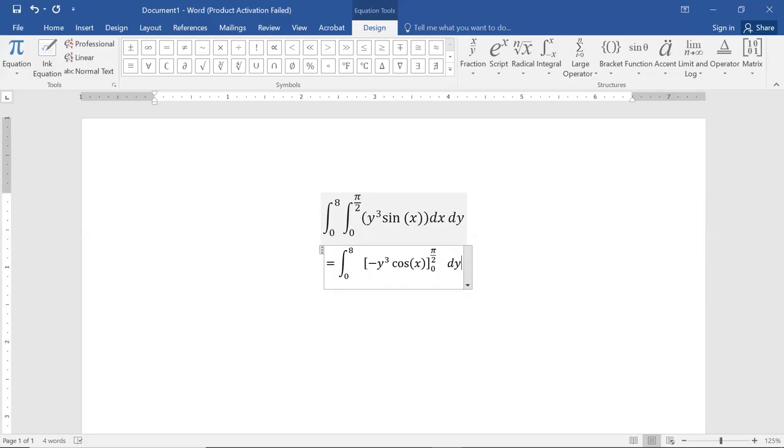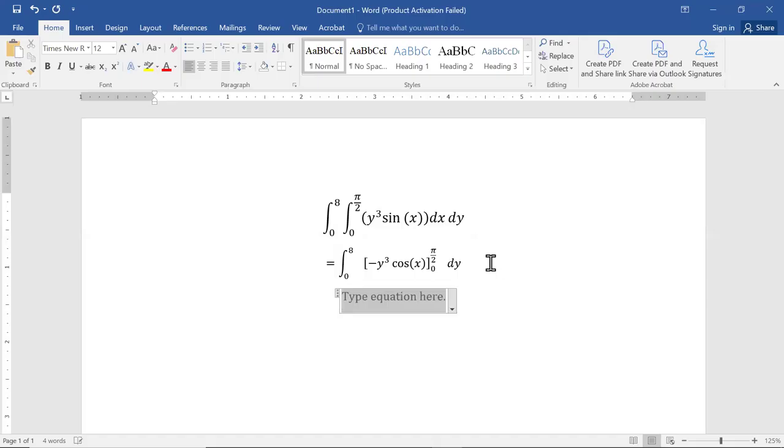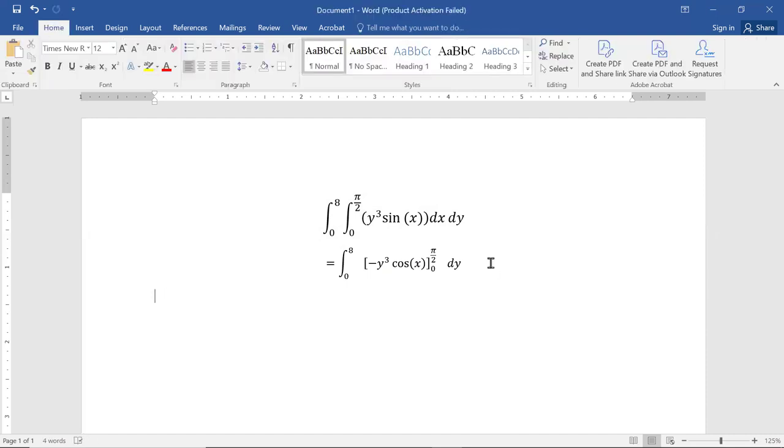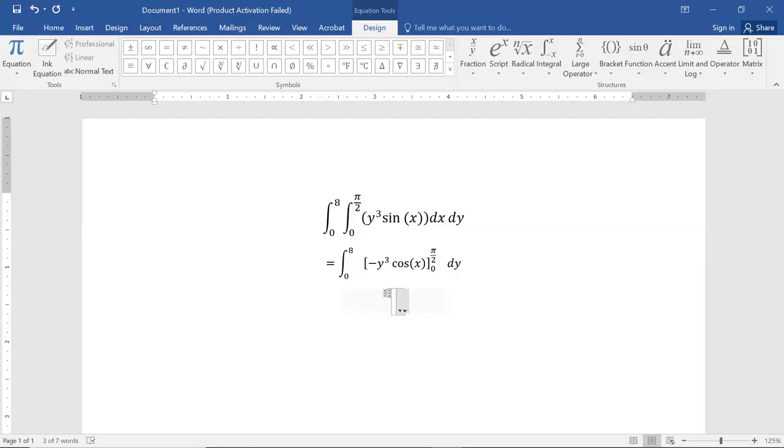Remember always, since we integrated with respect to x, I'm going to plug the pi over 2 in for x. I'm going to plug the 0 in for x. So my integration from 0, I messed that up, excuse me.